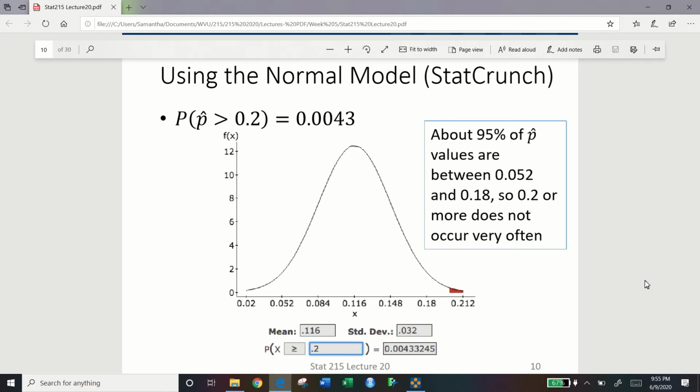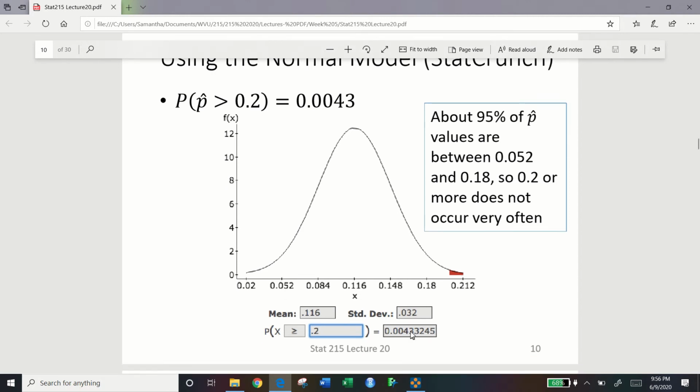How? Well, using our normal model in StatCrunch, we can plug in that we have a mean of 0.116 and a standard deviation of 0.032. We would put in greater than or equal to as our sign and 0.2 as our x value and hit enter, and we will get our corresponding probability of 0.0043.